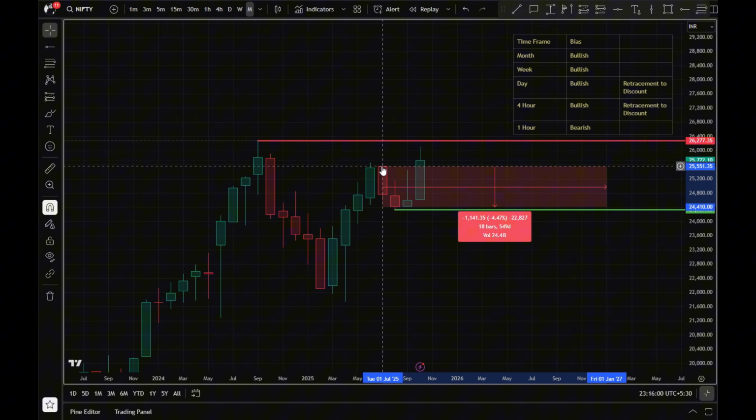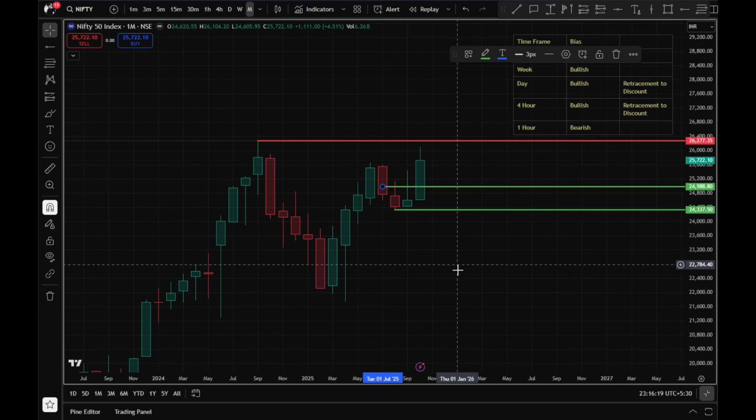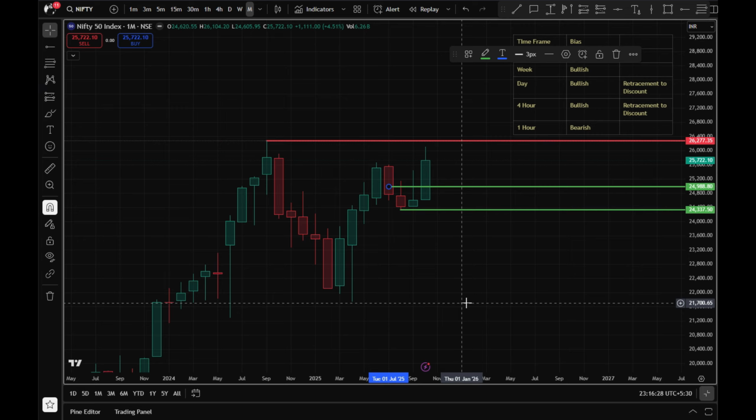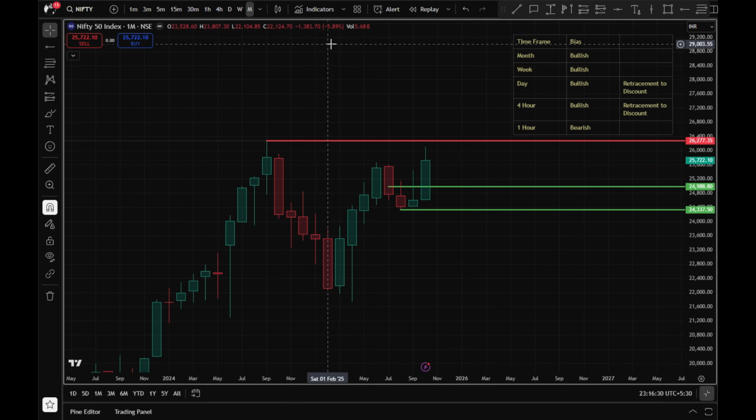These two candles, the bodies of the candles, are where most of the trading has taken place, and the midpoint of this represents the mean value of the price that was traded at, and that, according to me, is an important level. That is approximately 25,000. So 25,000 is an important support for Nifty if it decides to come down.